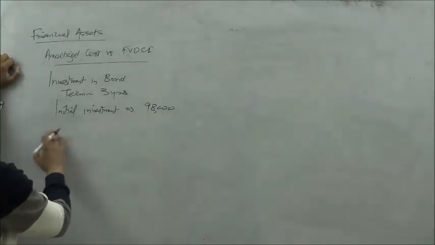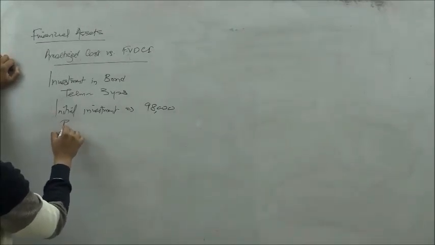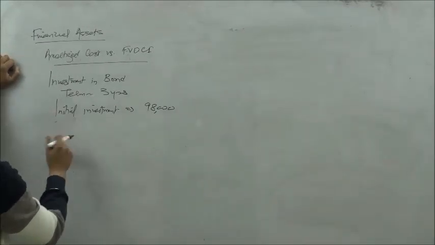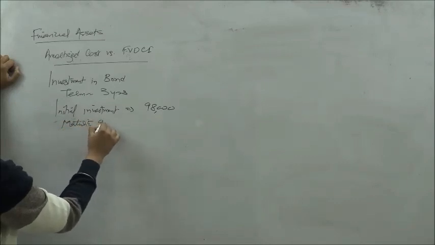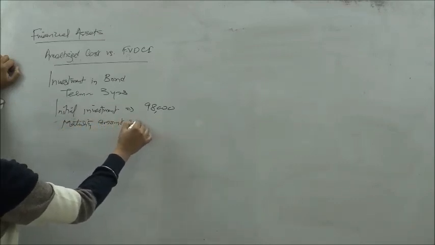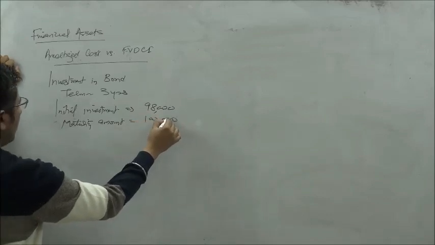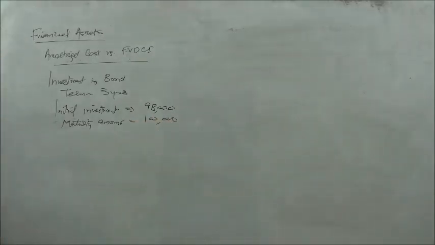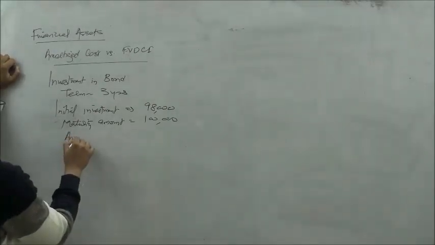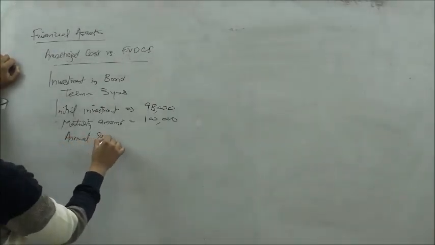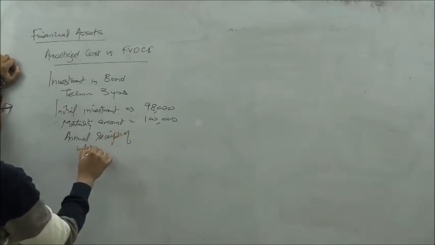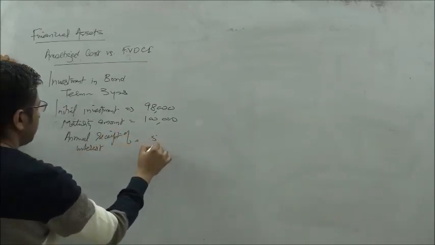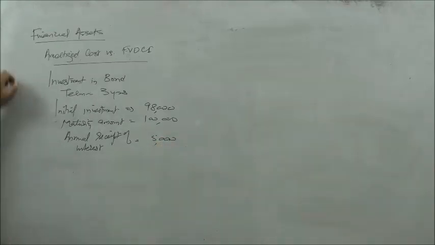And my realization or maturity amount is 100,000. All right, and I'm saying that my annual receipt of interest is, let's say, 5,000.